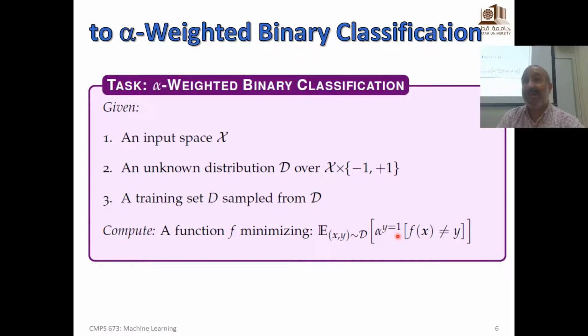If the error is in the negative class, so y is 0, it's not 1, then this is alpha to the power 0, which is 1. So we either multiply by 9 in case this error happened when y is 1, which is positive, or multiply by 1 if the error happened to a negative example. In this case, y equals 0, so this would be just 1. So this is just an elegant way, or nice way, to combine both.